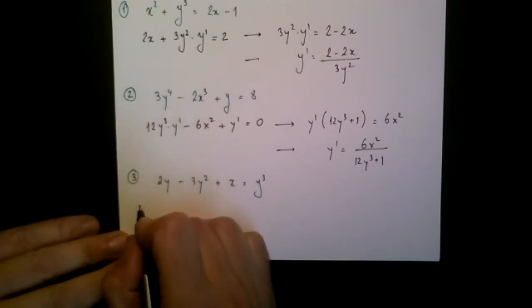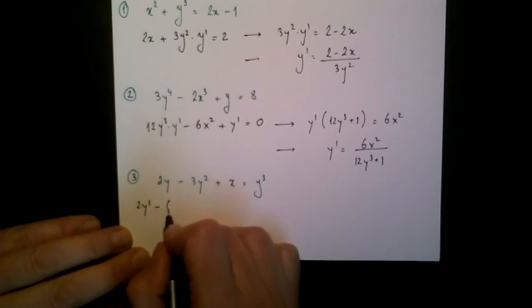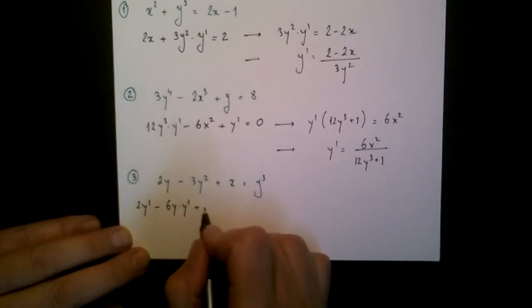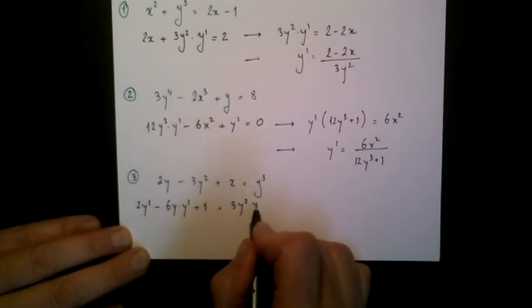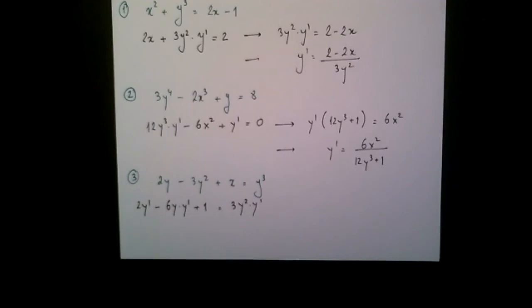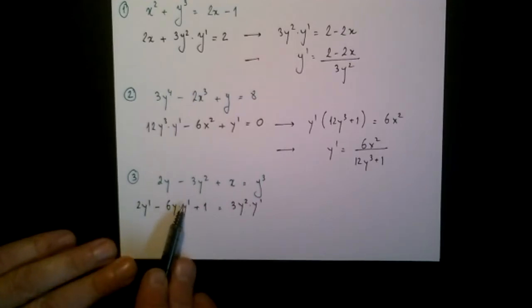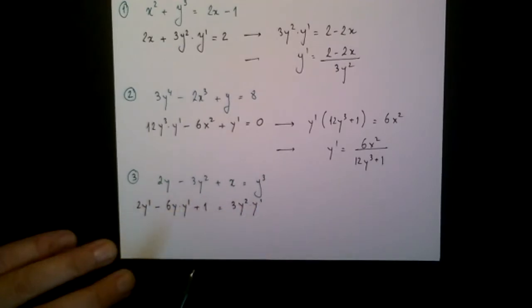So I derive the left side: 2y prime minus 6y y prime plus 1 equals 3y² y prime. It's very easy to forget this y prime. A lot of people forget it. I always notice, people forget this y prime.